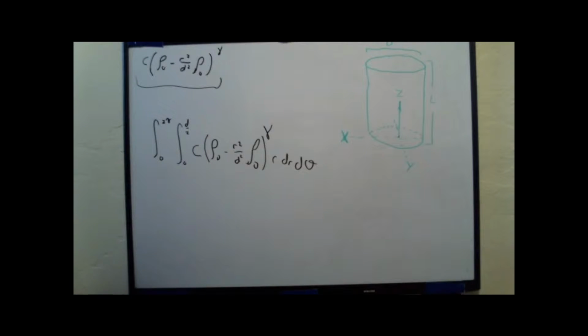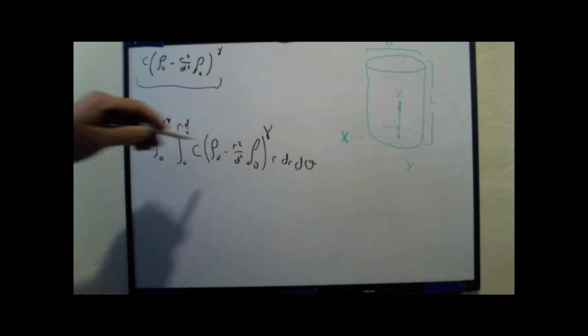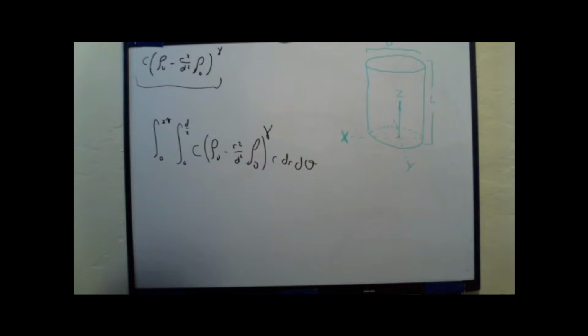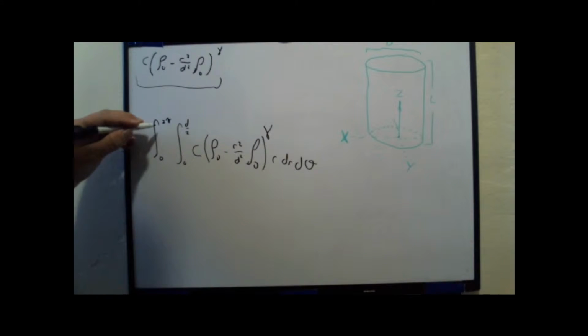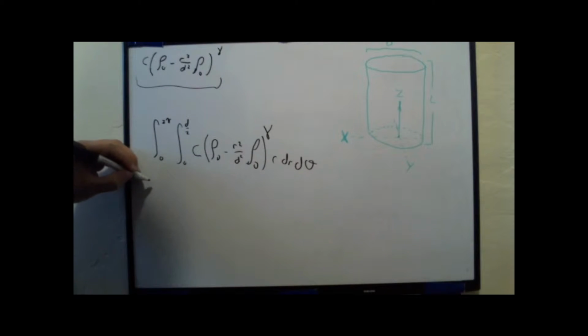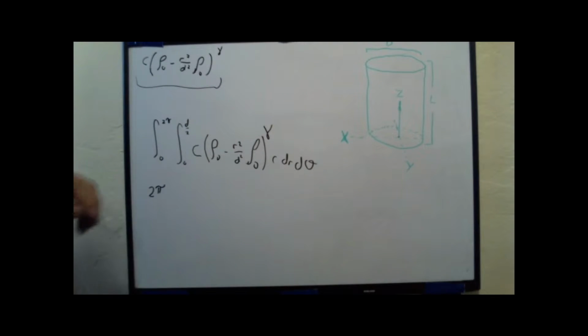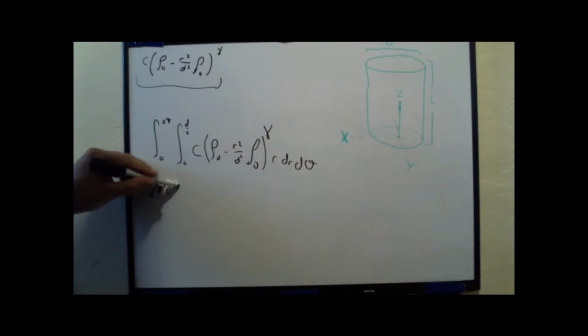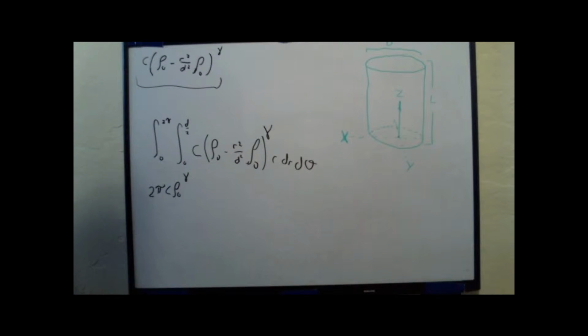First thing, I like to simplify as much as I can. There is nothing in here related to theta or anything to do with pi, so I know that I'm going to pull a 2 pi out instead of having to integrate. So my first thing is I'm going to say 2 pi and pull it right out. Second thing, c is constant, rho naught is constant, and I can say rho naught to the gamma power so that I can officially pull that out.